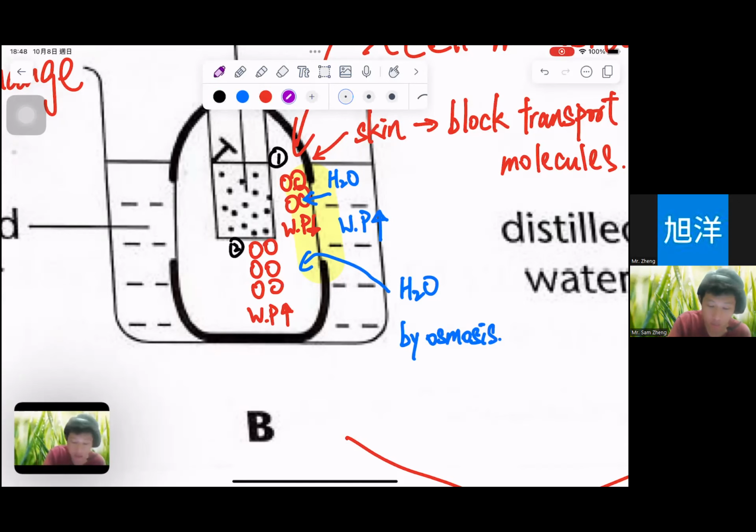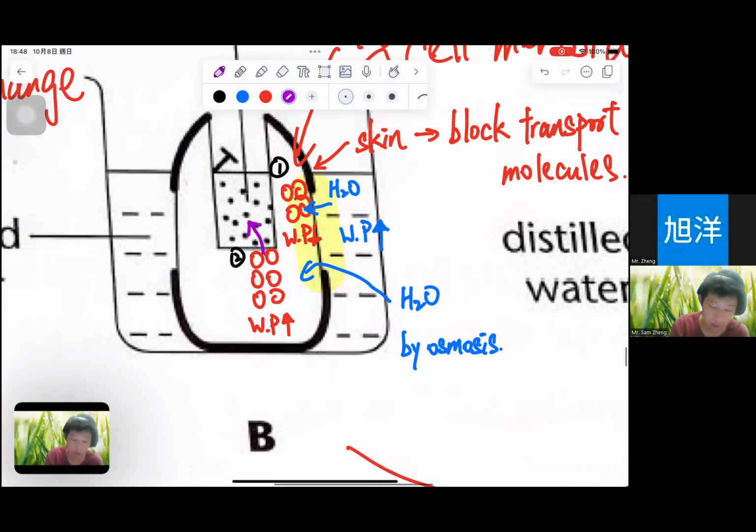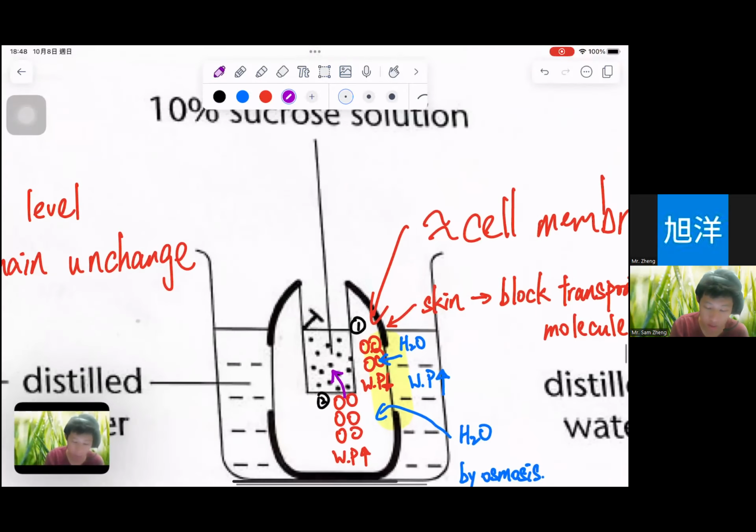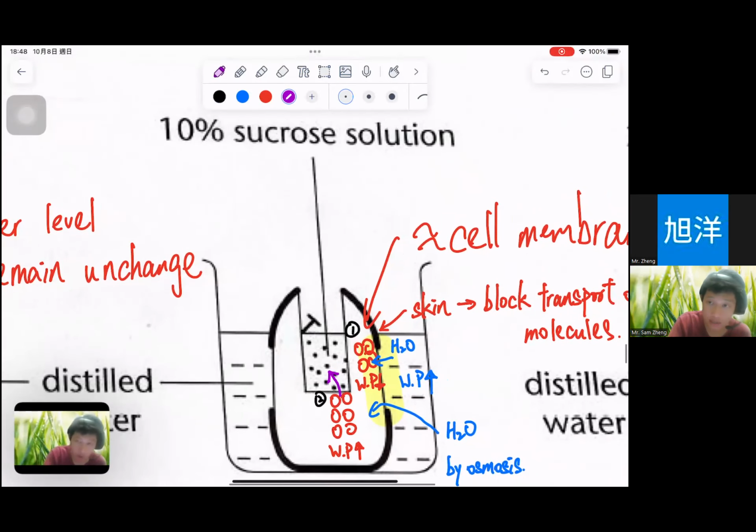And in this case, what happened? There will be an osmosis process. Because the water potential increased, the cell has a higher water potential than the 10% sucrose solution.